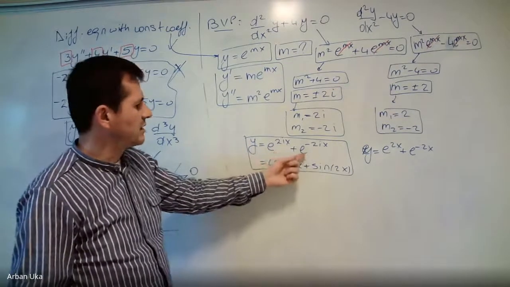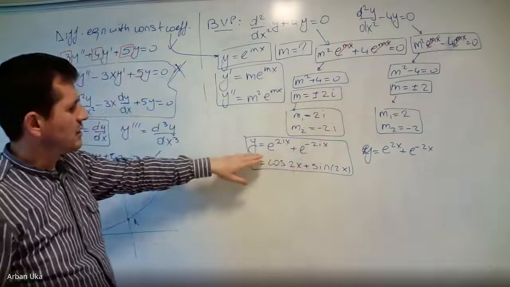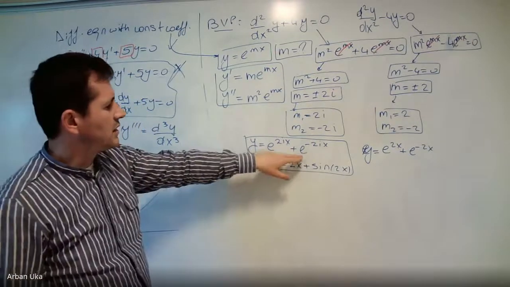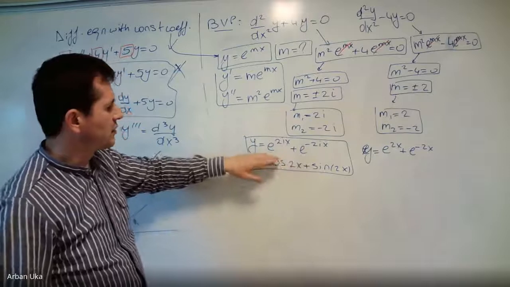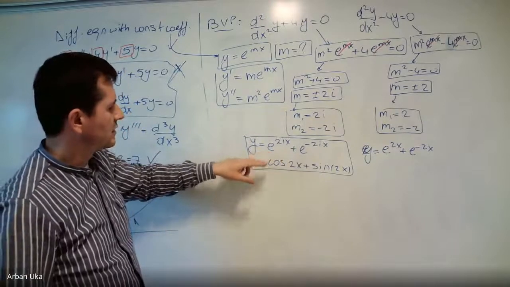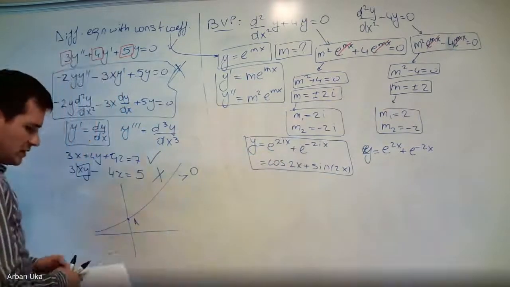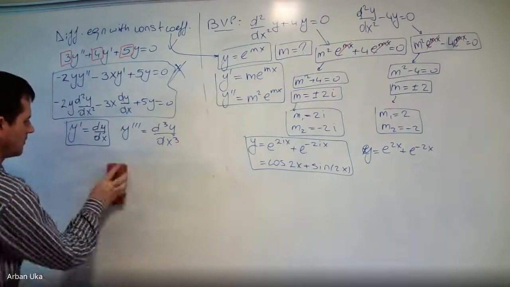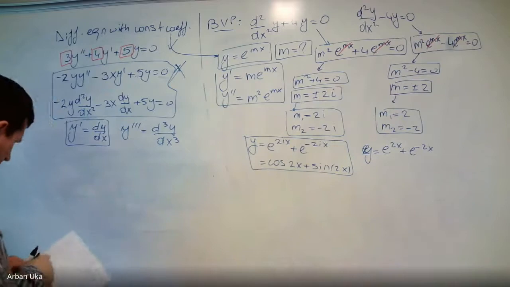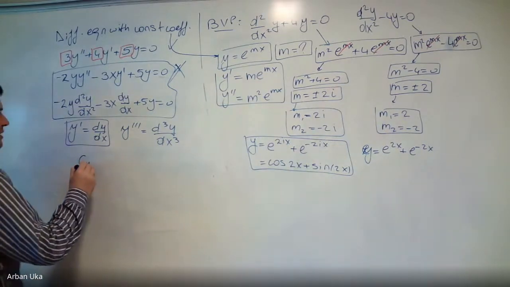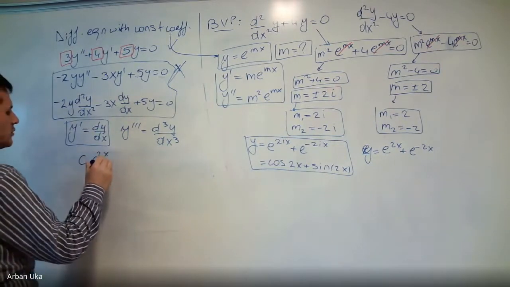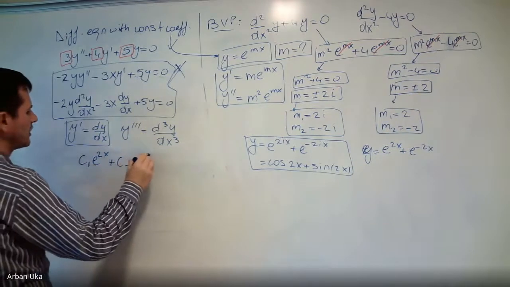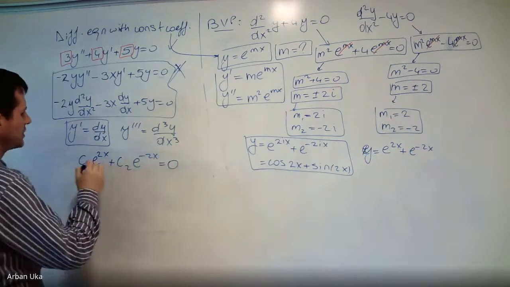They are linearly independent because when we add these two together, we can get a 0 only when... So let's do it here. So the question is the following. A constant C1 e to the power 2x plus a constant C2 e to the power minus 2x equal to 0.